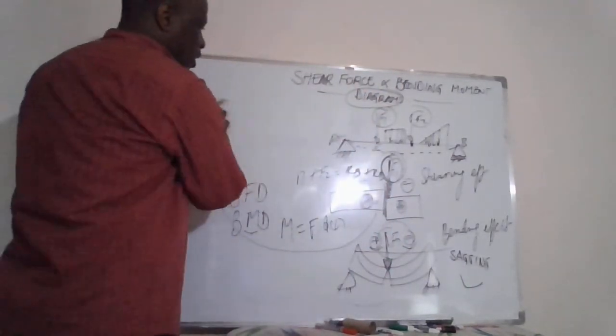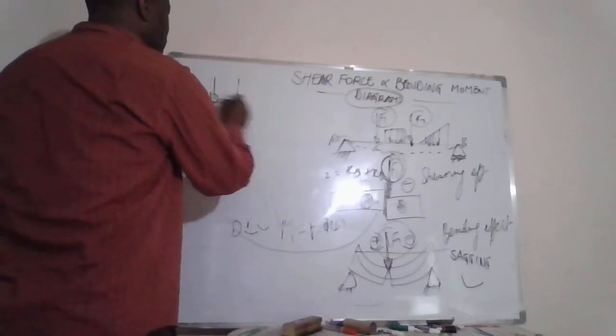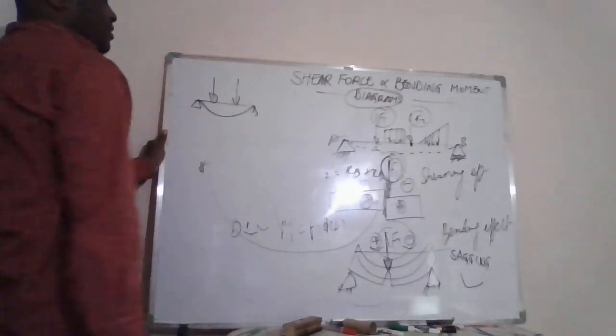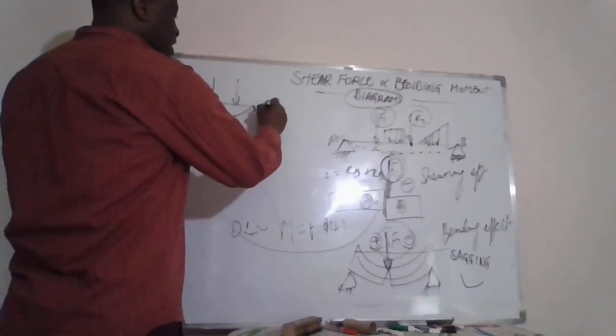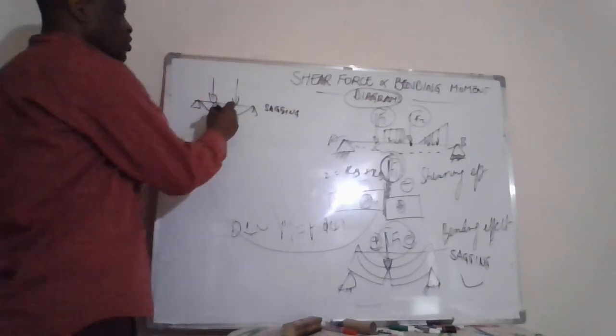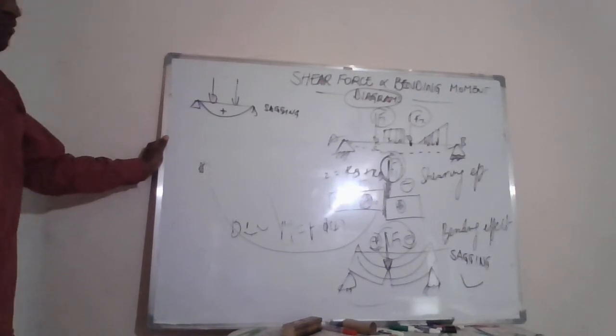We have loads applied on the beam, and the beam takes such a bending. This is called a sagging bending, because by convention, it is known as positive.